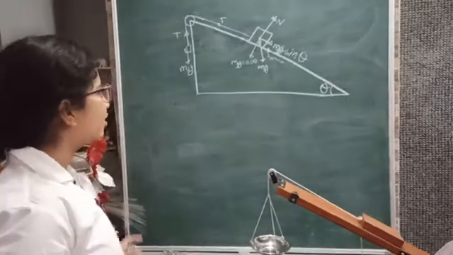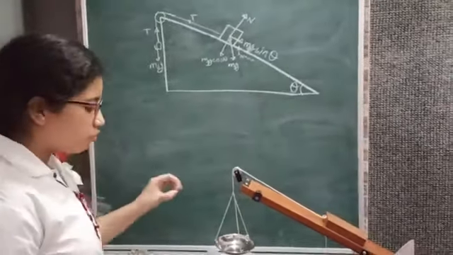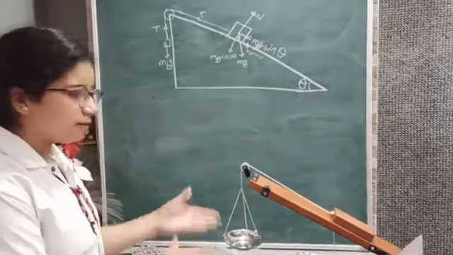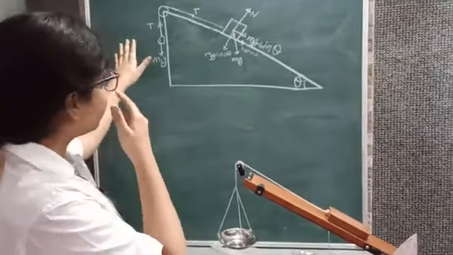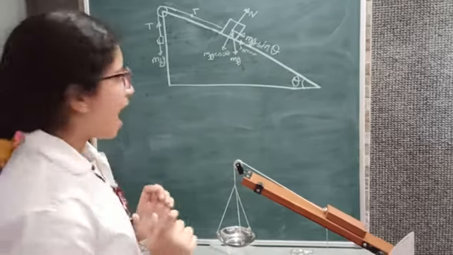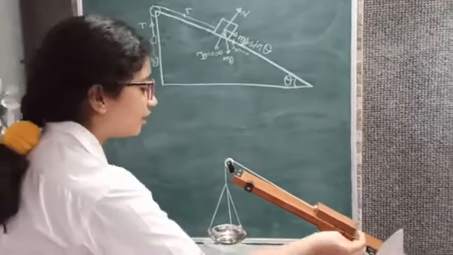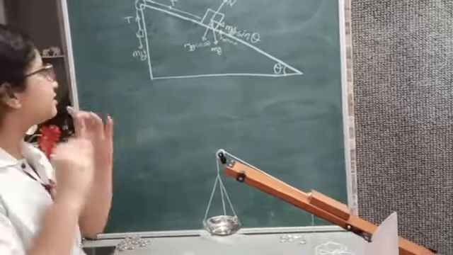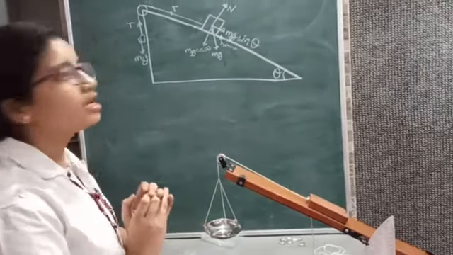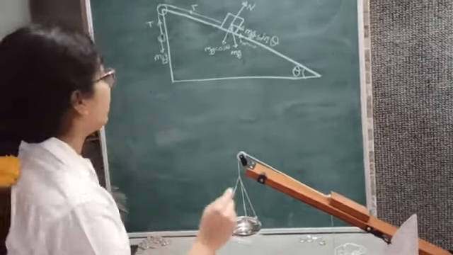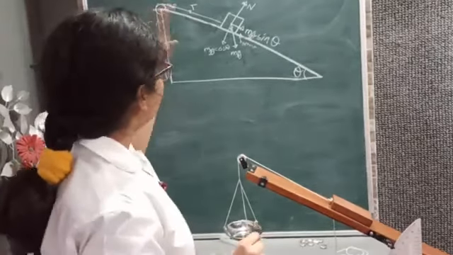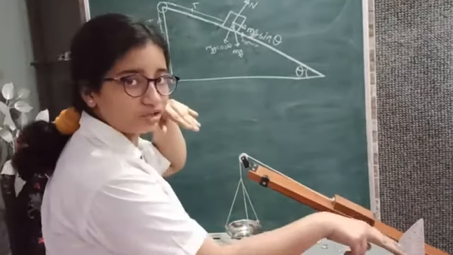As we add more and more pebbles to this plate, the tension force will slowly increase and it will try pulling this block upwards. And since friction wants to oppose the relative motion of the body, the friction force will act in this direction for the body.